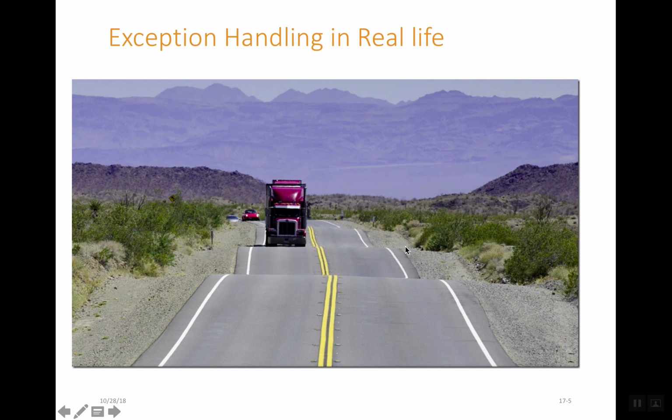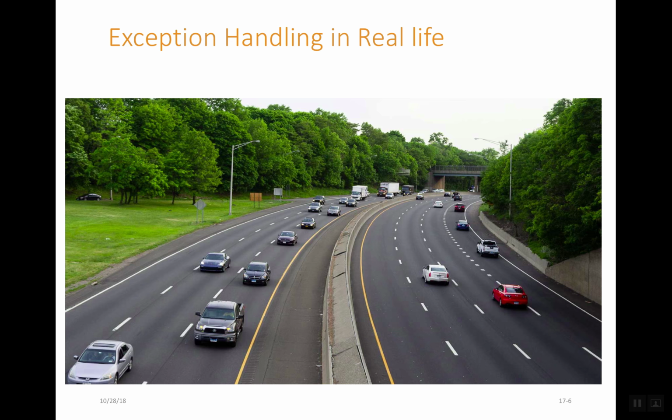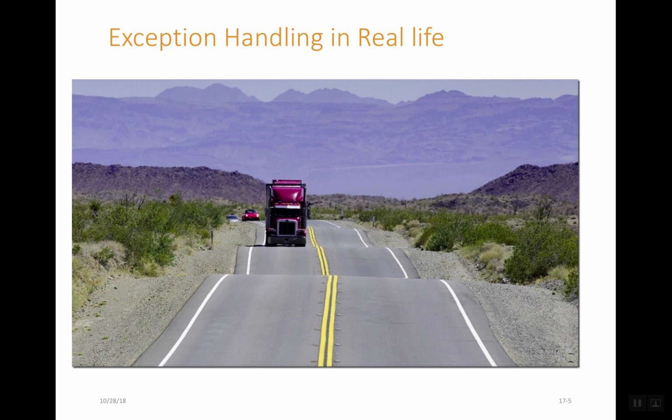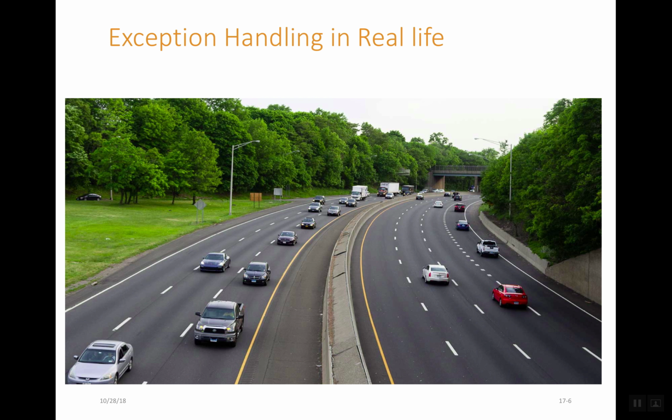In order to avoid this kind of issue, in real-life highways you see that there are multiple lanes, some for incoming and some for outgoing. If an accident happens on one lane, vehicles will alternatively use other lanes.